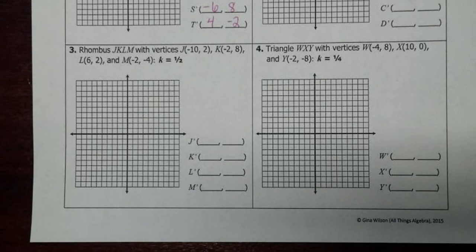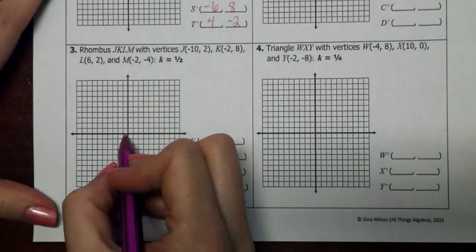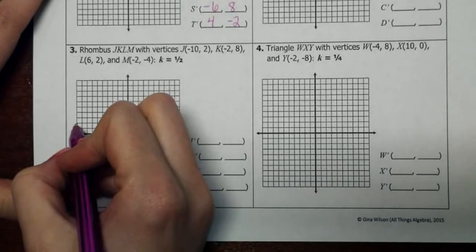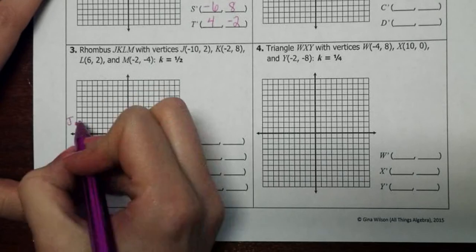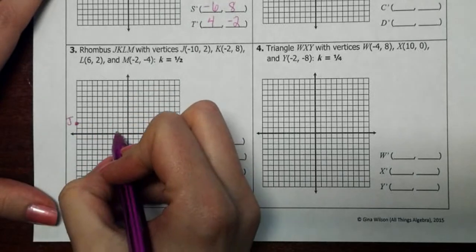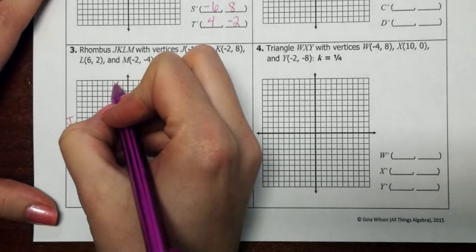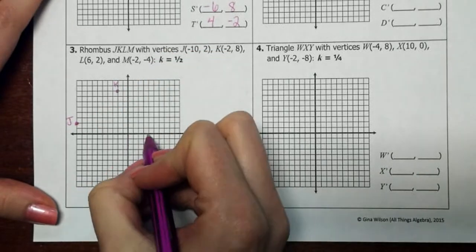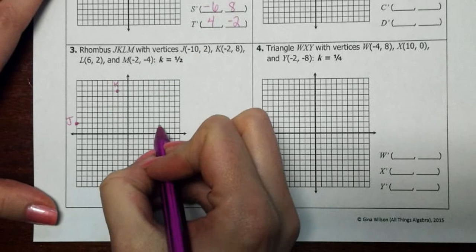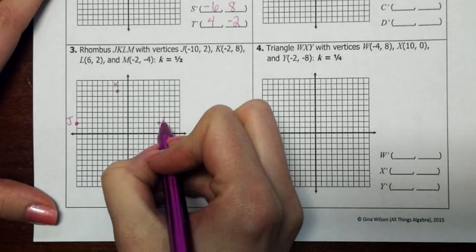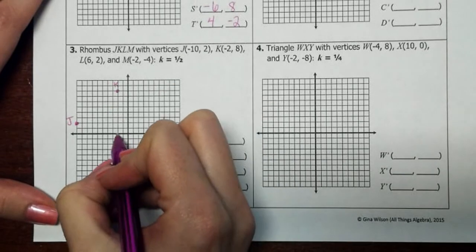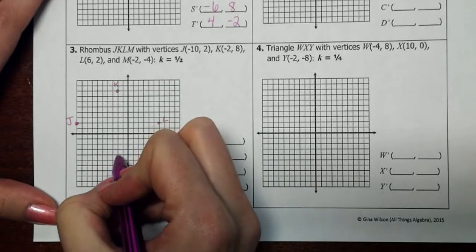I'm going to plot J, K, L, and M. For J, I'm going to the left 10, up 2. For K, I'm going to the left 2 and up 8. For L, I'm going to the right 6 and up 2. And M, I'm going to the left 2 and down 4.